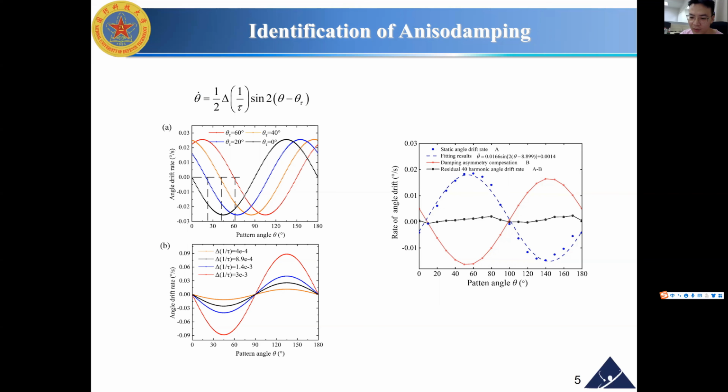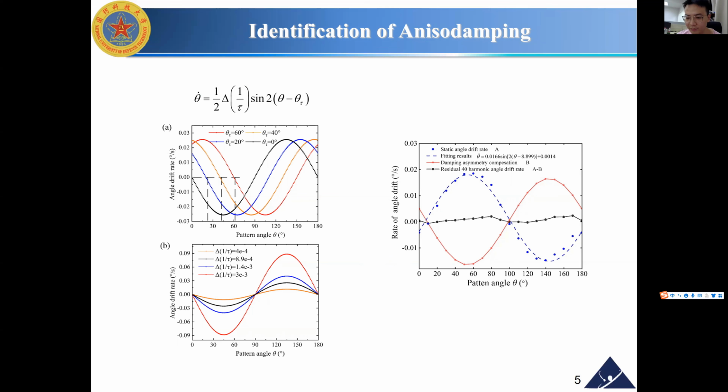According to the fitted results, the theta tau equals 8.899 degree and delta 1 divided tau equals 0.00058 hertz. This identification value is very close to the estimated value above.